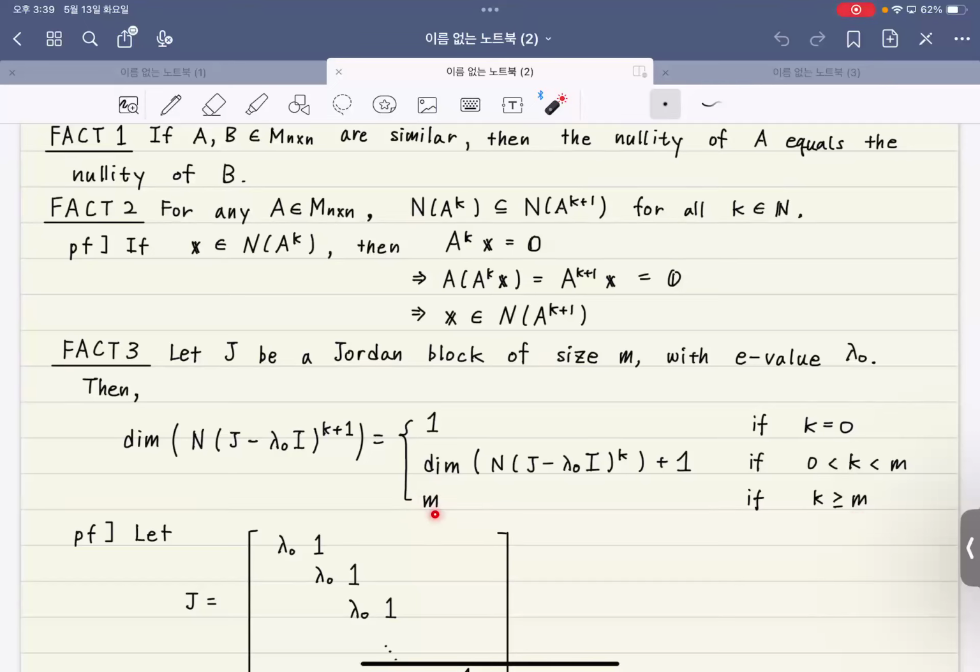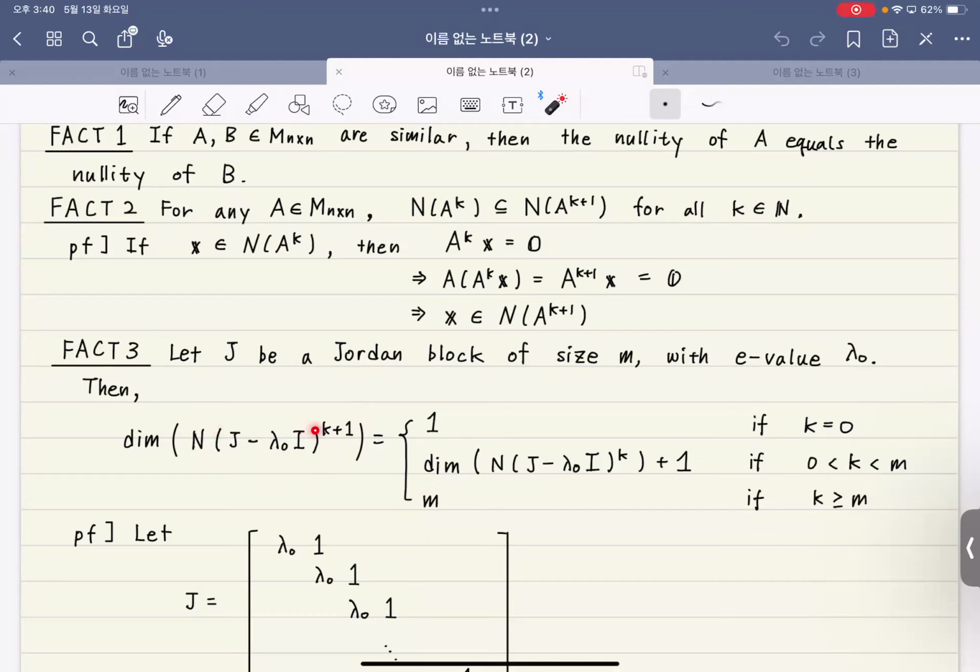So that means the nullity of this matrix stabilizes if your power is sufficiently large. In other words, the nullity stabilizes for large enough k. Okay.